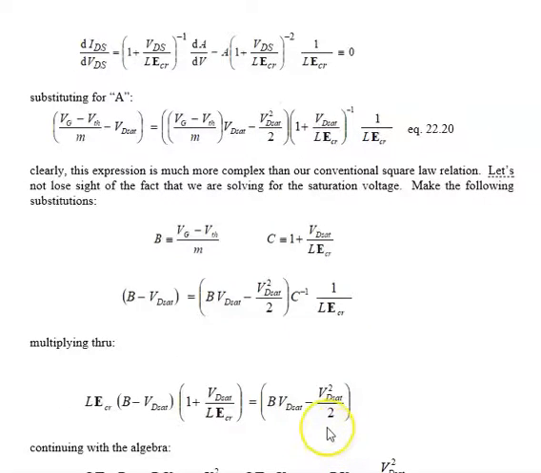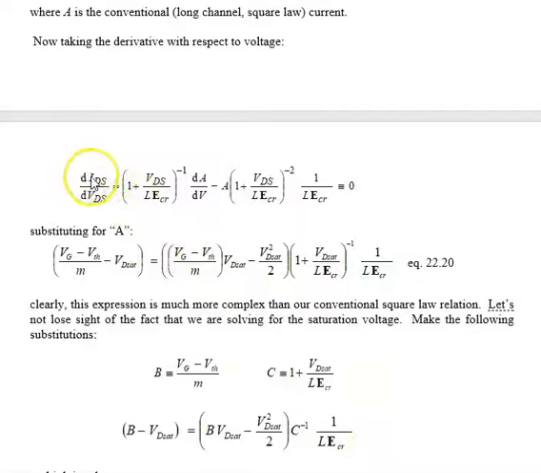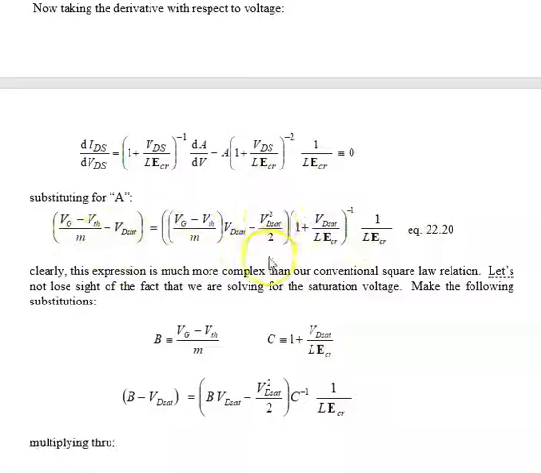So we have an expression. The first derivative is defined as 0, because that's exactly our criteria for VD sat. So VDS becomes VD sat. And the issue right now is we can define some constants, and we have to solve this equation for VD sat.